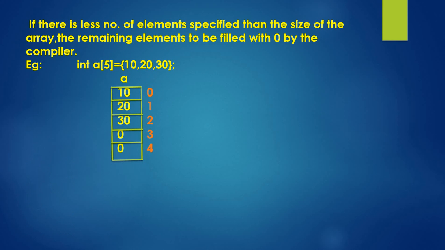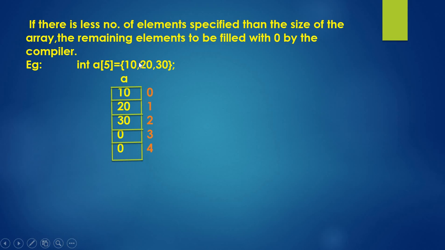Next, if fewer elements are specified than the size of the array, the remaining elements are filled with 0 by the compiler. For example, int a of 5 means we can store a maximum of 5 elements. We can store 2 elements or 3 elements or 4 elements, or a maximum of 5 elements.